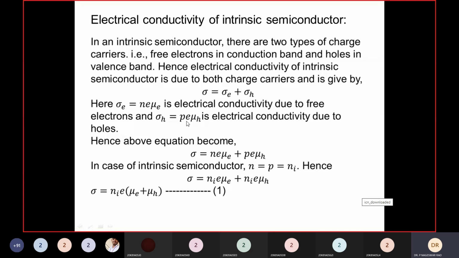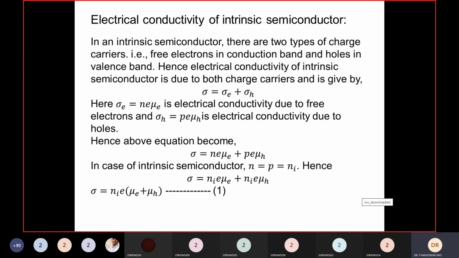In case of an intrinsic semiconductor, conductivity occurs due to the holes as well as electrons. That's why the total conductivity is sigma E plus sigma H. Sigma E is Ne into mu E. Mobility means how the electrons move inside the semiconductor.